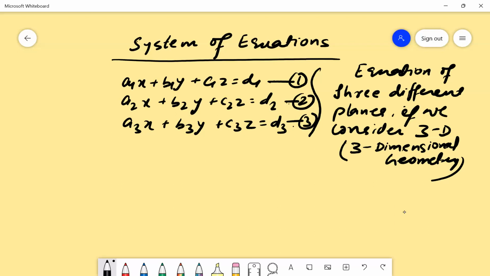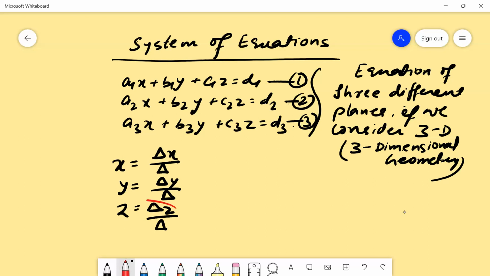Now, if somebody asks you how to find x, how to find y, and how to find z, then there is a simple formula: delta x by delta is x, delta y by delta is y, and delta z by delta is z. Now, you might be wondering what is delta x, delta y, and delta z.